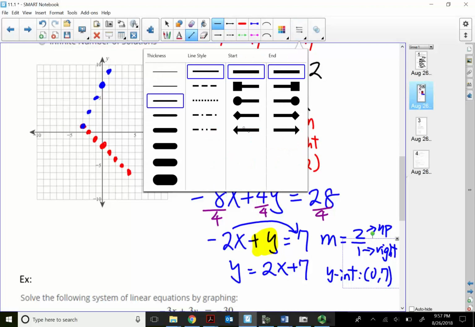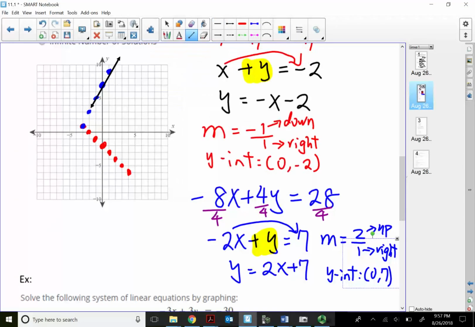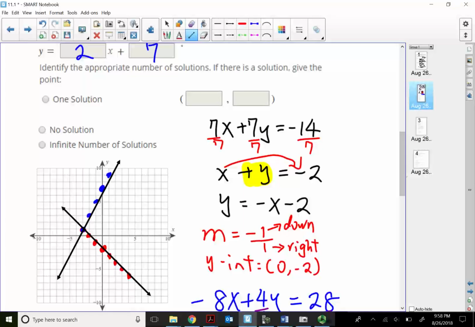So once you see the point of intersection on the computer, you will have to select one solution. You got to click right here and write down the point of intersection.